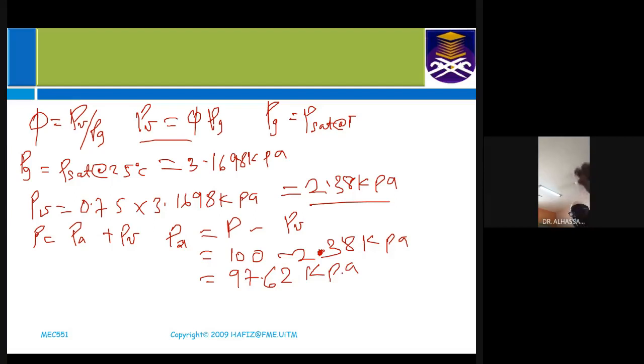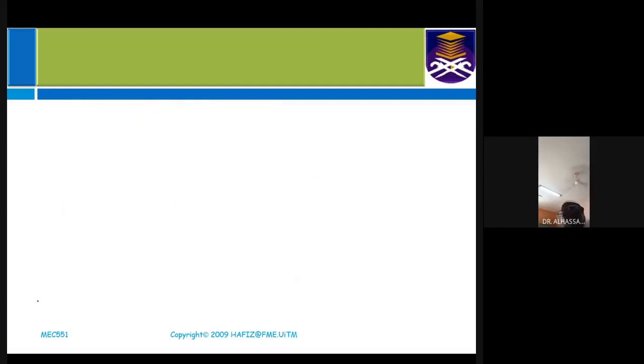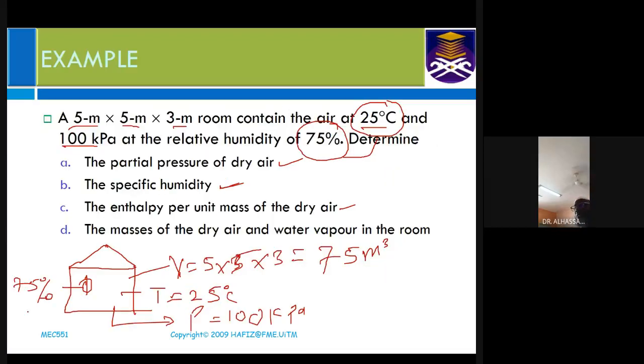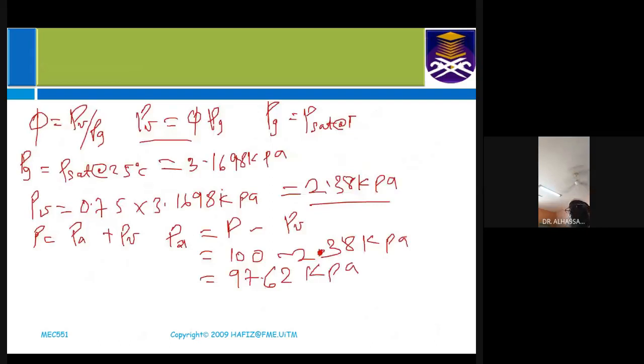Okay. So now the next question is to find the specific humidity. We want to determine the specific humidity. So specific humidity generally is defined, you can use this equation very easily: omega equals 0.622 PV divided by P minus PV. All right.